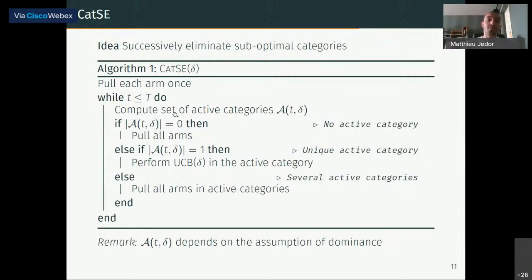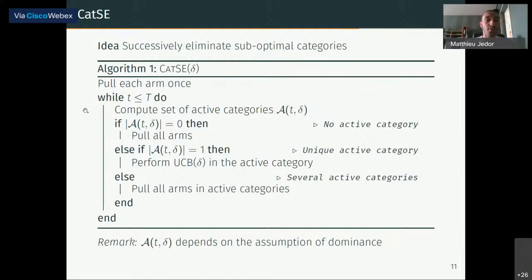This set of active categories will depend on the assumption of dominance, and it will be based on the principle of optimism in the face of uncertainty. So in this sense, we will have all categories that have not been deemed suboptimal.